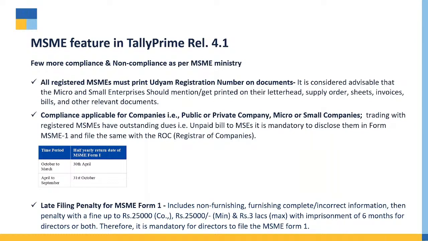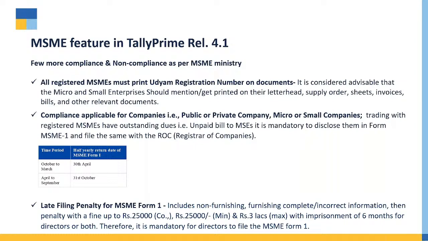Coming to compliance applicable for companies. I'm registered under MSME, and I also need to register under the Registrar of Companies, notifying whether I'm a public limited, private limited, partnership or proprietorship, and so on.